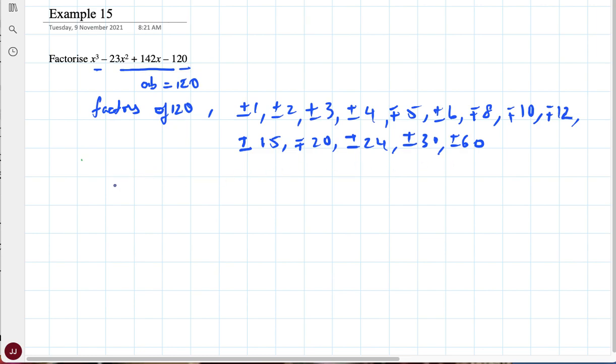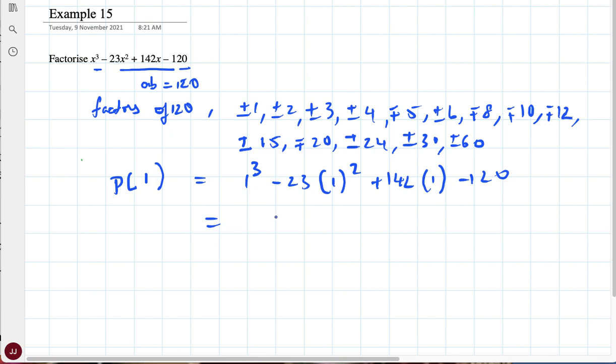So I'm going to start with P of 1. Let's see what is P of 1. That is 1 cube minus 23 into 1 square plus 142 into 1 minus 120. Right?